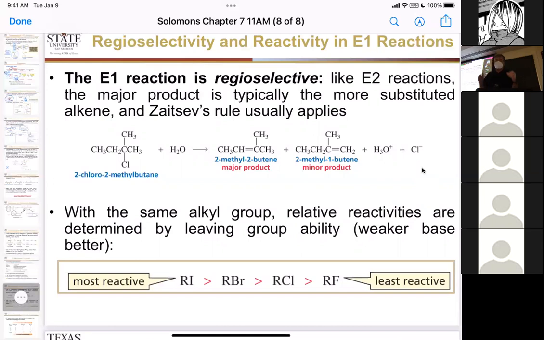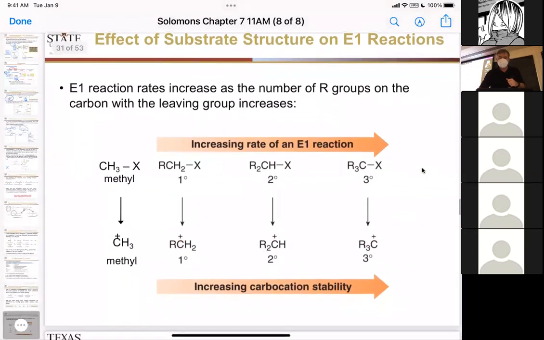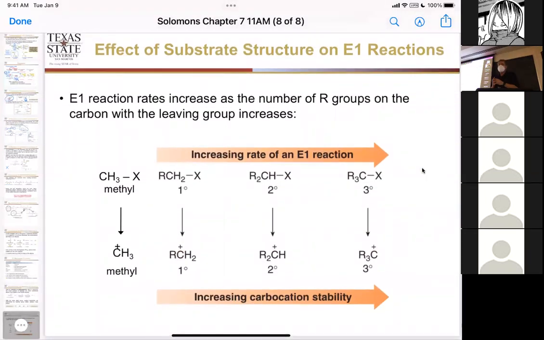Therefore, it's the fastest in our E1 reaction because that's the first step, the slow, rate limiting step. So when we look at E1 reactions, the tertiaries and secondaries are going to be the ones to react in E1. They're going to form that carbocation and the base is going to react with that.